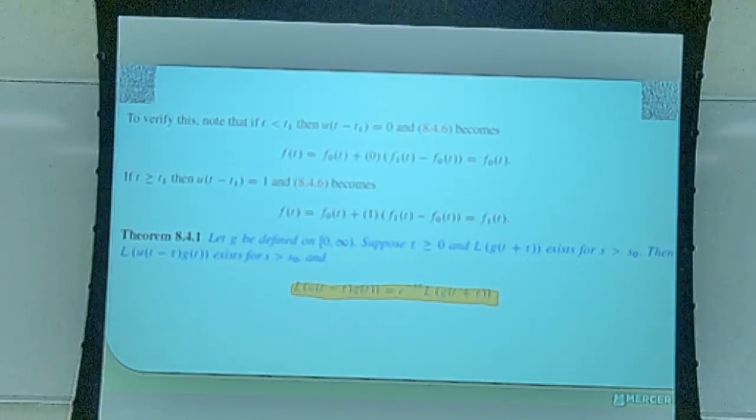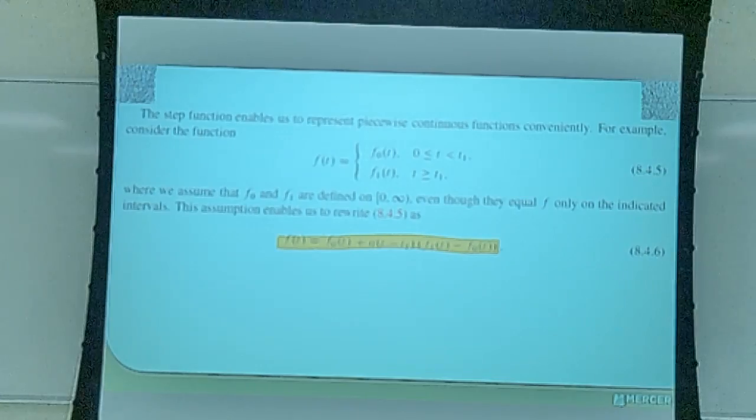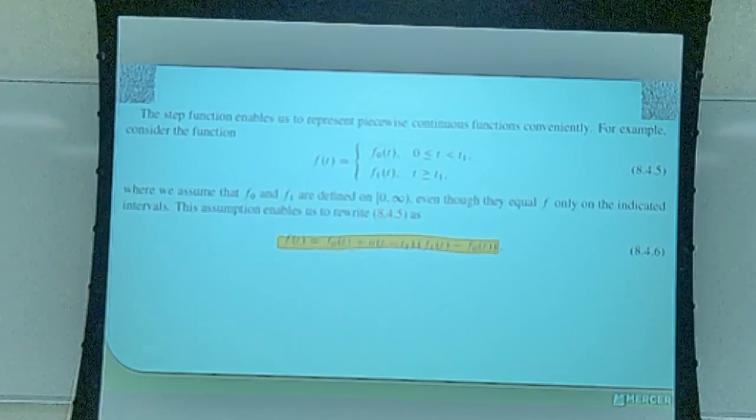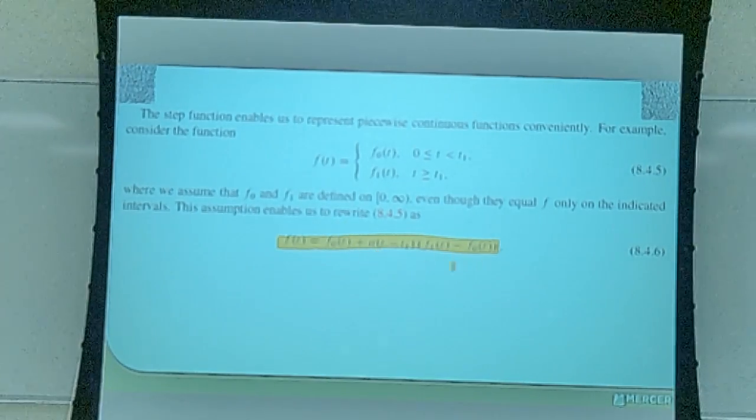So if you come back up to here, you define f of t this way, it will give you this Laplace transform right here. Remember, the Laplace transform is linear. So it'll be whatever the Laplace transform of that function is, plus now that theorem that we just did.